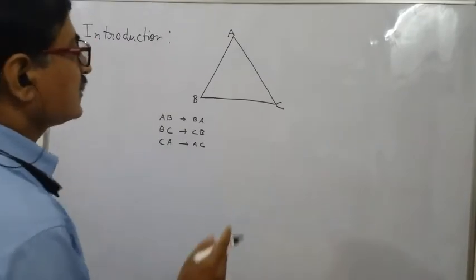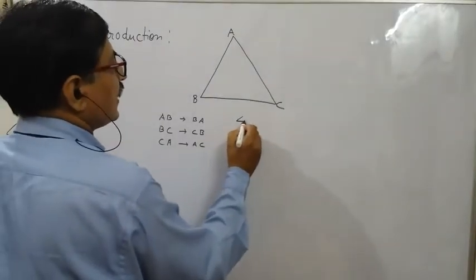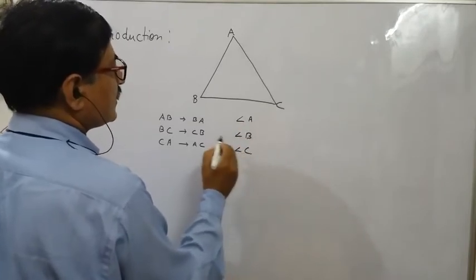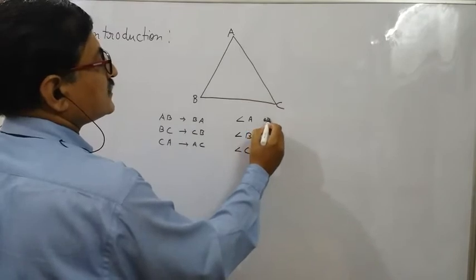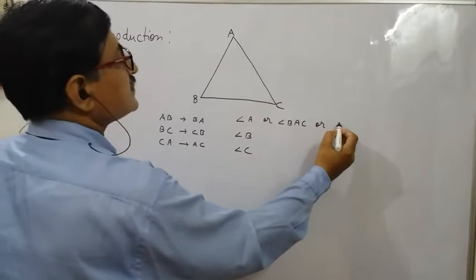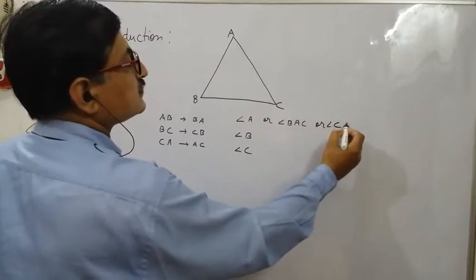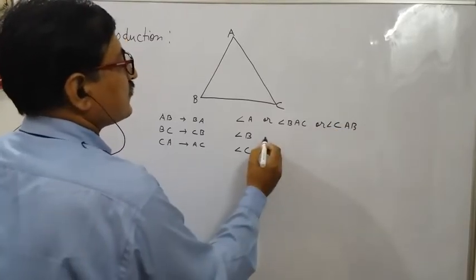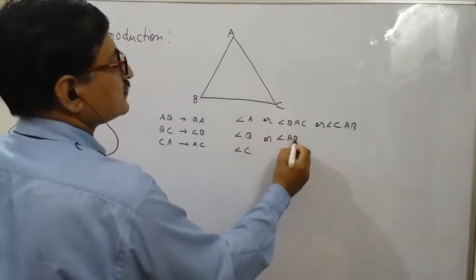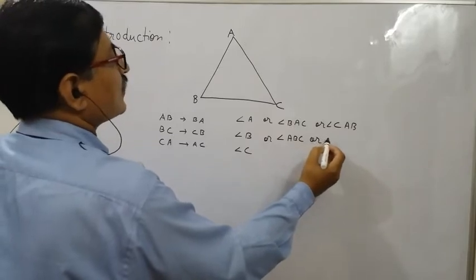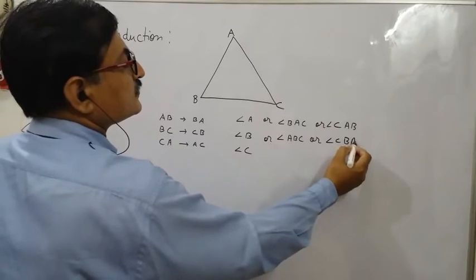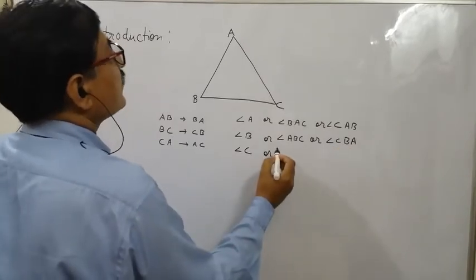In the same way three angles are also there: angle A, angle B and angle C. Now angle A we can also represent as angle BAC or angle CAB. Same way angle B equals angle ABC or angle CBA. Same way angle C will be what?